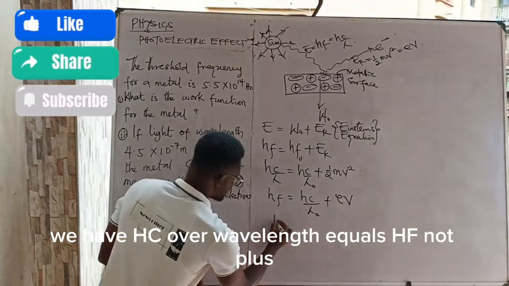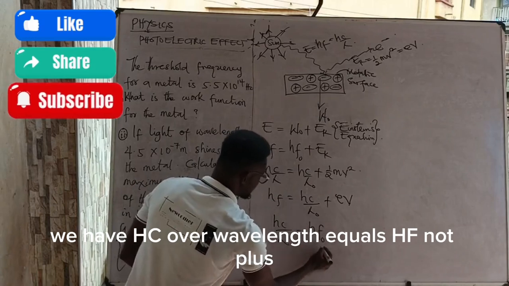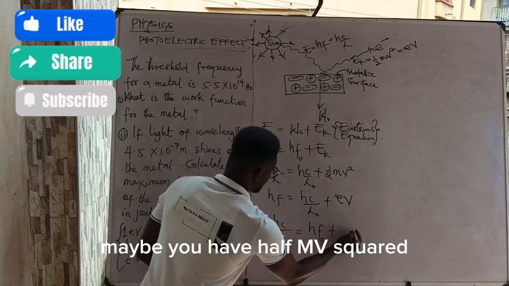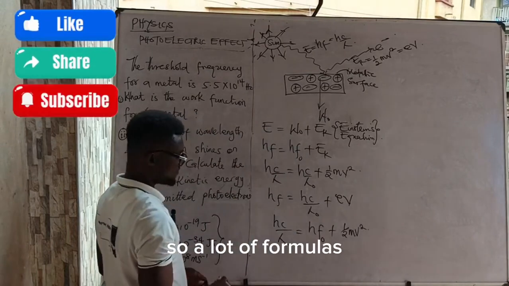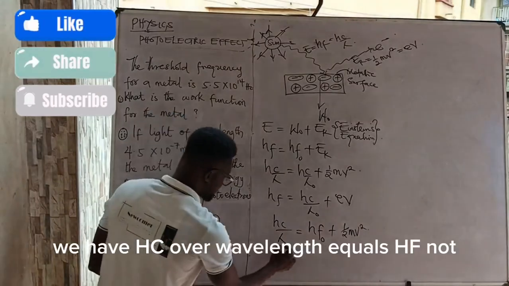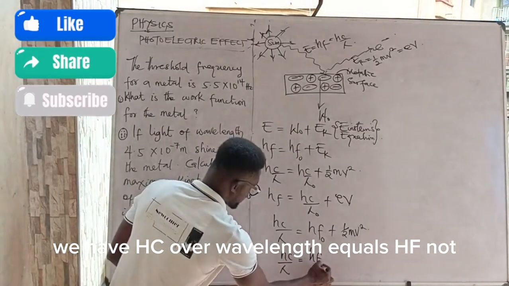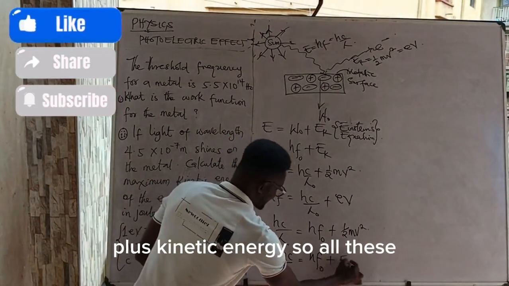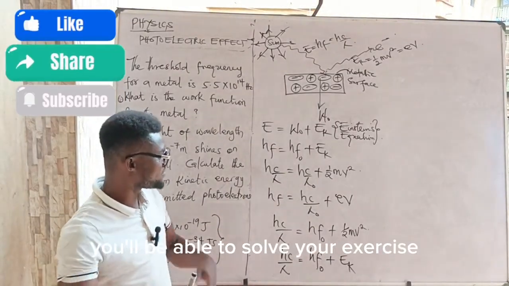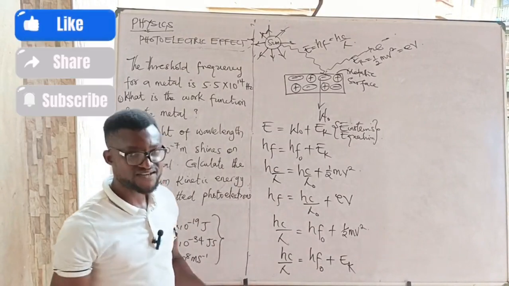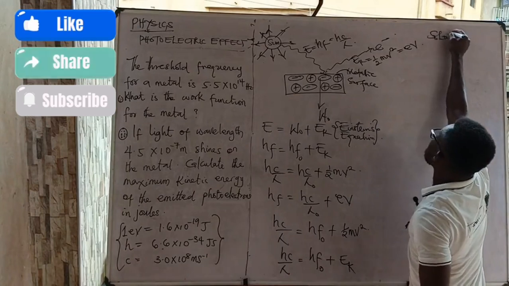We have hc over wavelength equals hf naught plus, maybe, half mv squared. So a lot of formulas. We have hc over wavelength equals hf naught plus kinetic energy. So all these are the same. Just master the formula, and you'll be able to solve your exercise. So let's get to the question now. So, solution to the question.